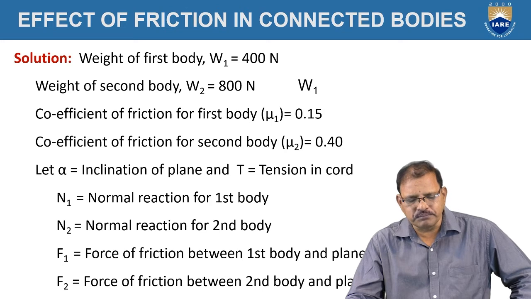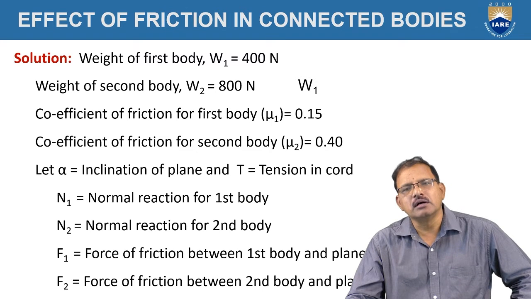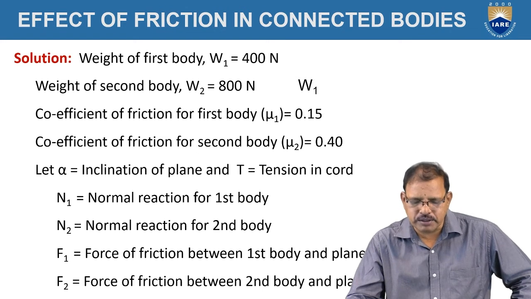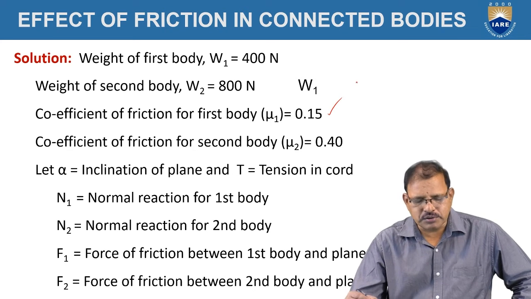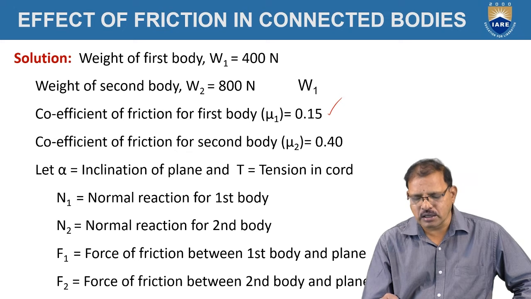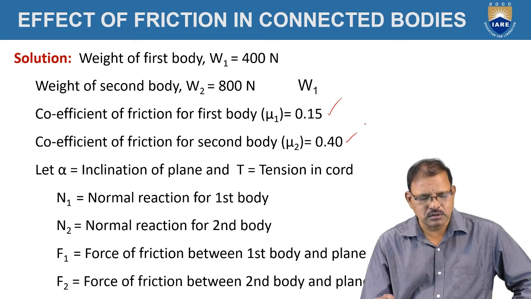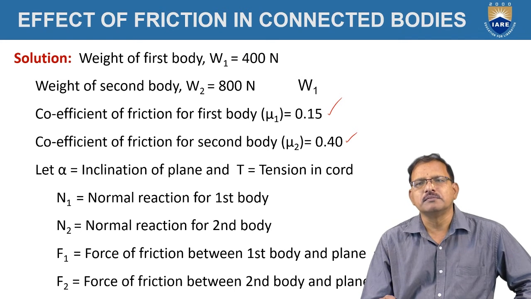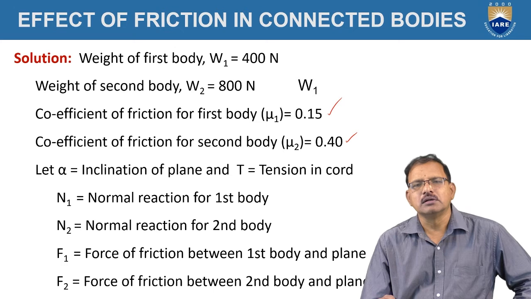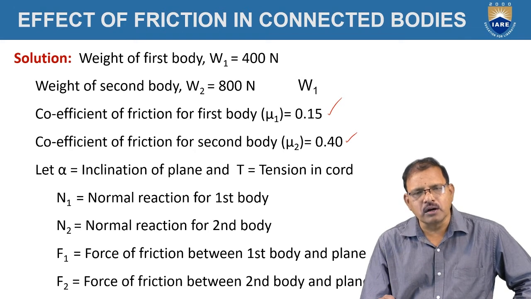The coefficient of friction for the first body and the inclined plane is mu1, equal to 0.15. The coefficient of friction for the second body and the inclined plane is mu2, 0.4. Let alpha be the inclination of the plane with the horizontal, and T the tension in the rope or cord. It remains constant for the two bodies.